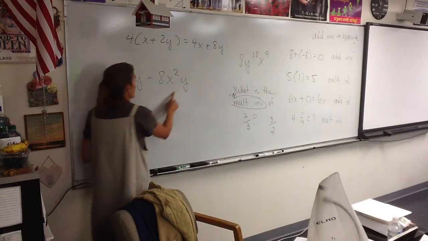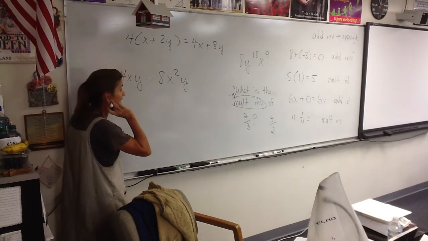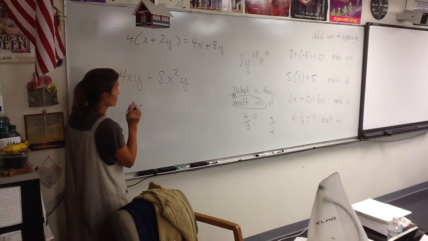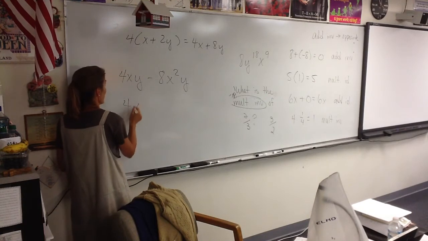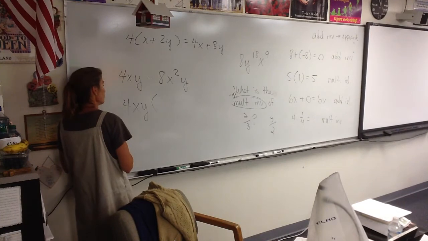So what would we do here if we were going to undistribute this? I heard somebody say, take out. We call that factoring, right? So what would we factor out? A 4, and an X, and a Y. Perfect. Now, be really careful, gang.